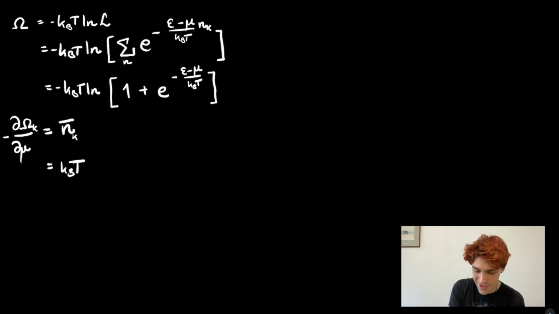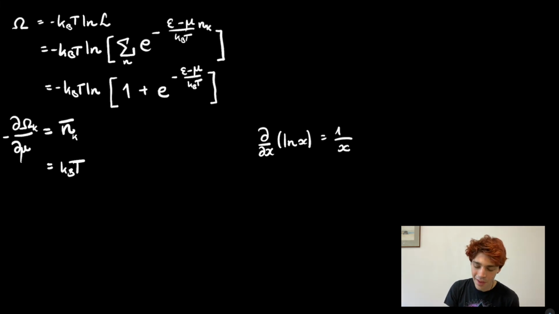And how do we differentiate this log function? Well, we know that d by dx of log x is just 1 over x. So we can use that combined with the chain rule and differentiate this log function.